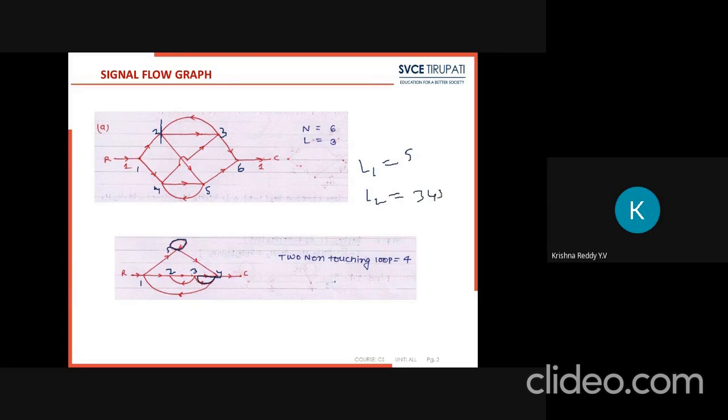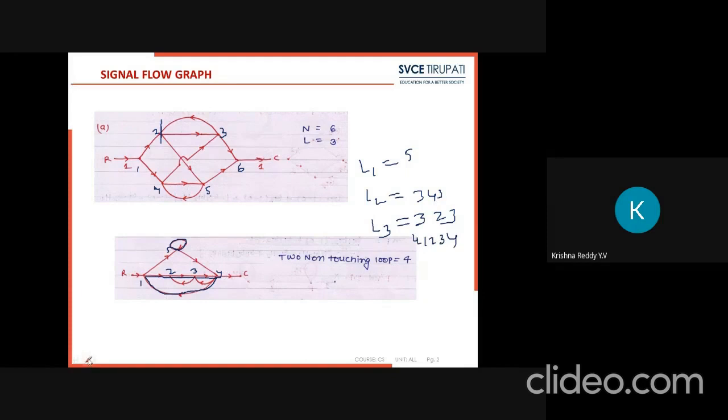Next is 3 to 3. Next L4. L4 is 4, 1, 2, 3, 4.